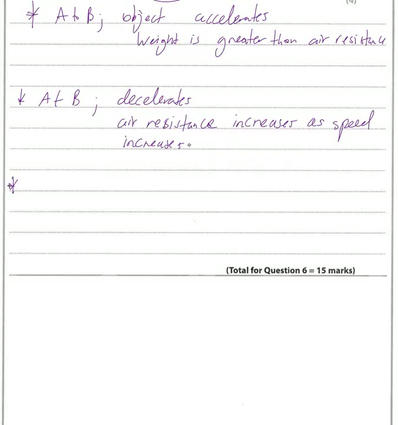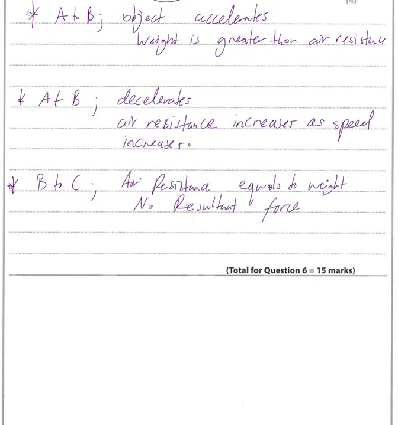Okay, and from C to D, what's happening is we have the weight. Sorry, we have air resistance equal to weight. Okay, so there's no resultant force. If there's no resultant force, it means there's no acceleration.